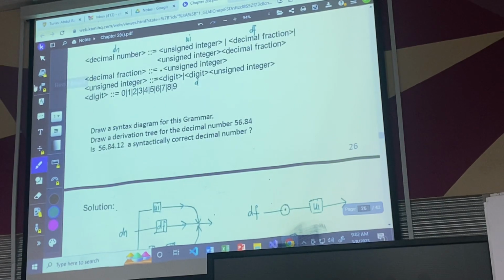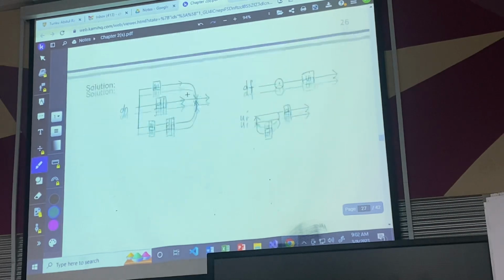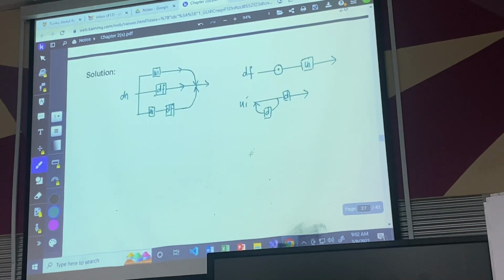This one, the last one, digit, if you substitute with 0 to 9, you just draw 9 different lines in the syntax diagram. You know how to draw the digit or not?